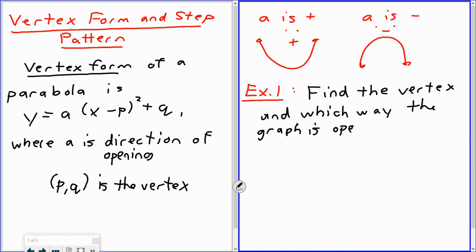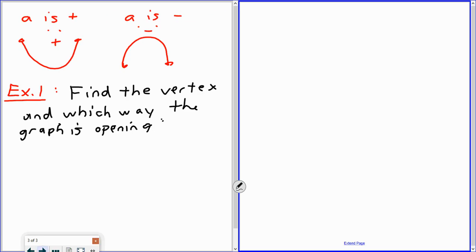Okay, so I'm going to do the first one, and you guys are going to try the next 2 on your own. Letter A says y equals 3 (x minus 2) squared plus 1.